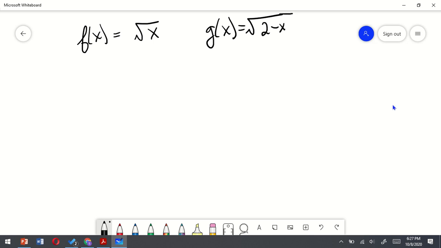Okay, so we're going to do some compositions here. Let's start by doing f of g. So f of g of x is to say take g of x and plug it into f of x.